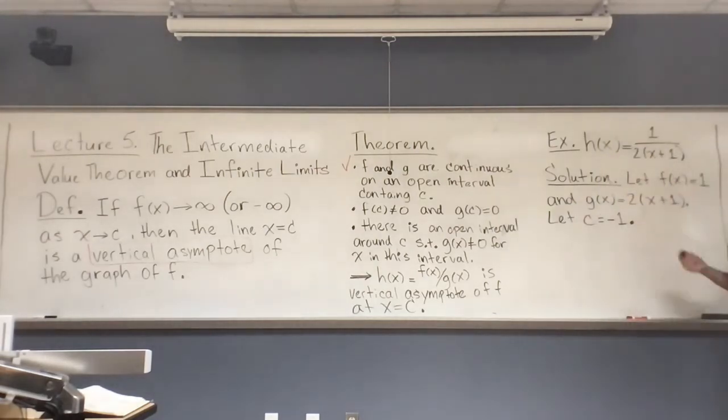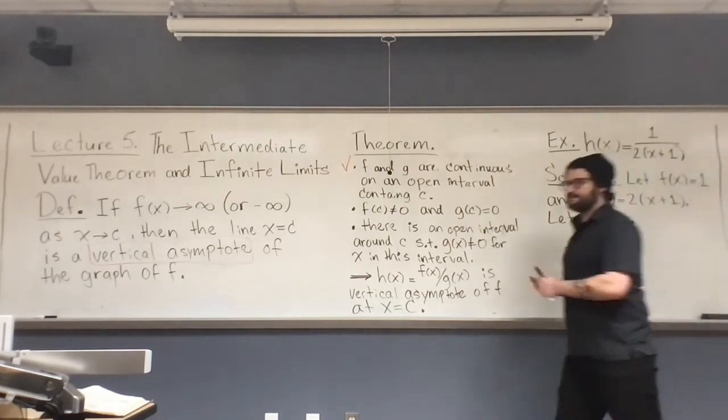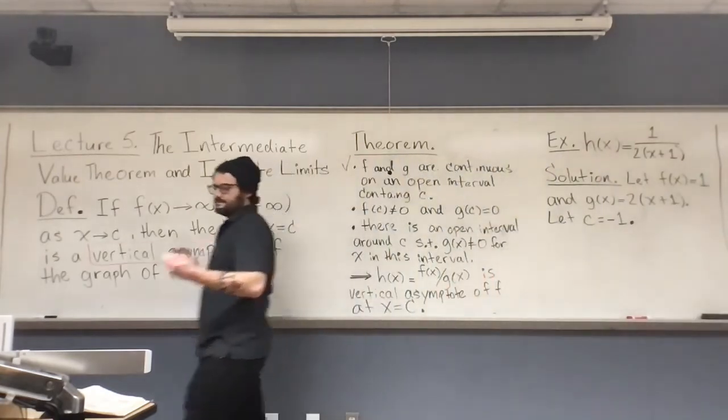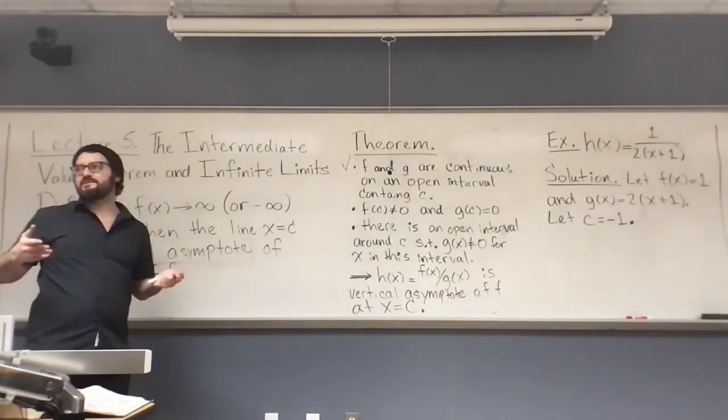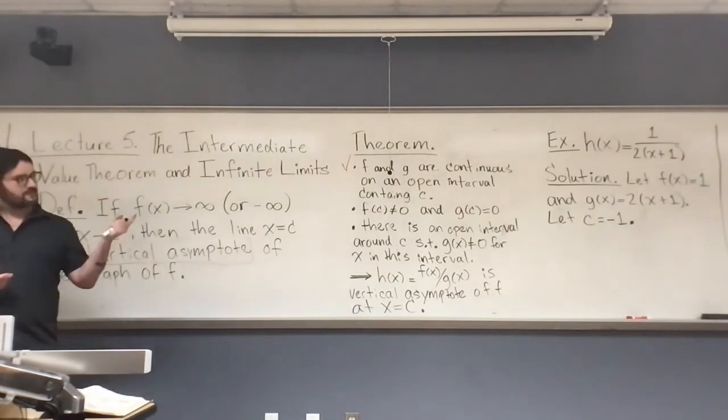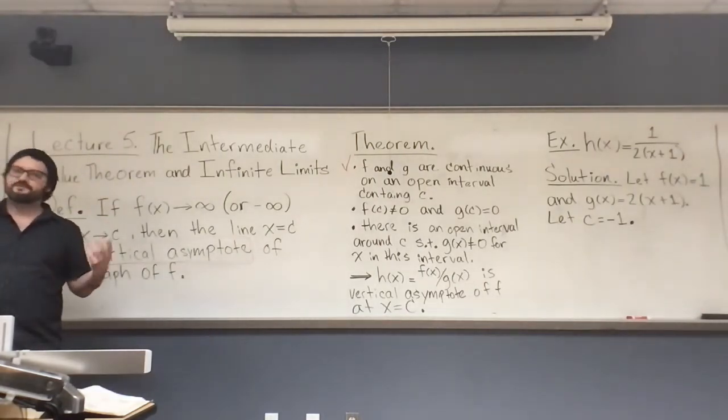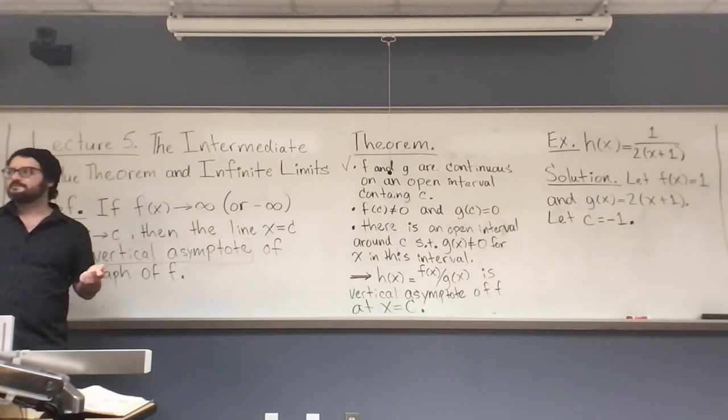That's the place where that function h would have some issues. You'd have division by 0, okay? And we're going to question if there happens to be a vertical asymptote at c equals -1, or if that's just some removable discontinuity.